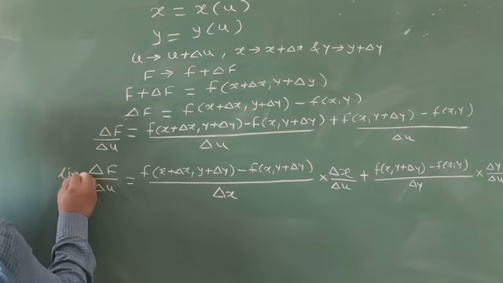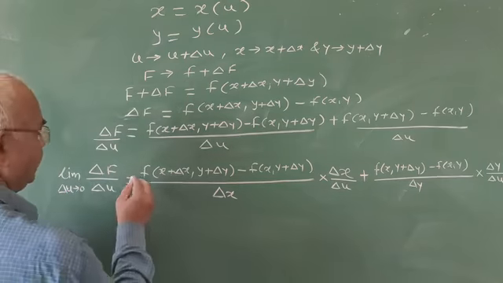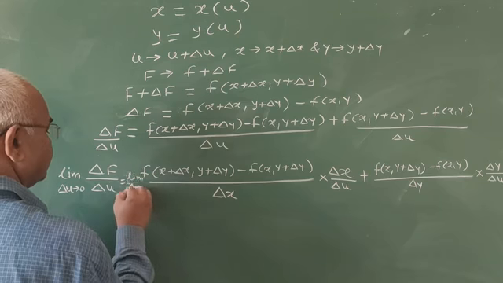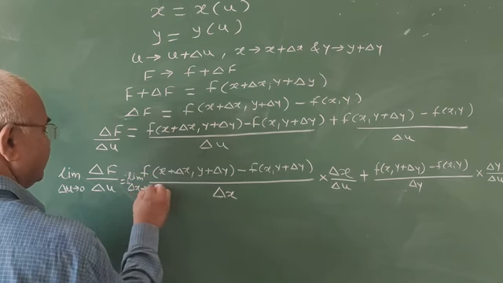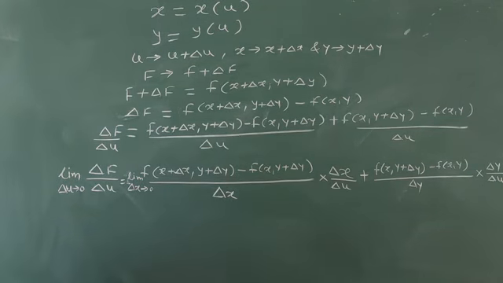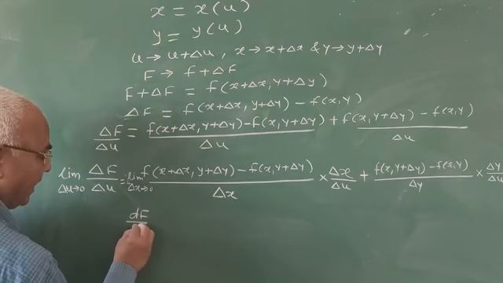taking the limit of each term, limit as delta u tends to 0. Here limit as delta x tends to 0, like this. By taking the limit of each term, we can write directly here df by du.